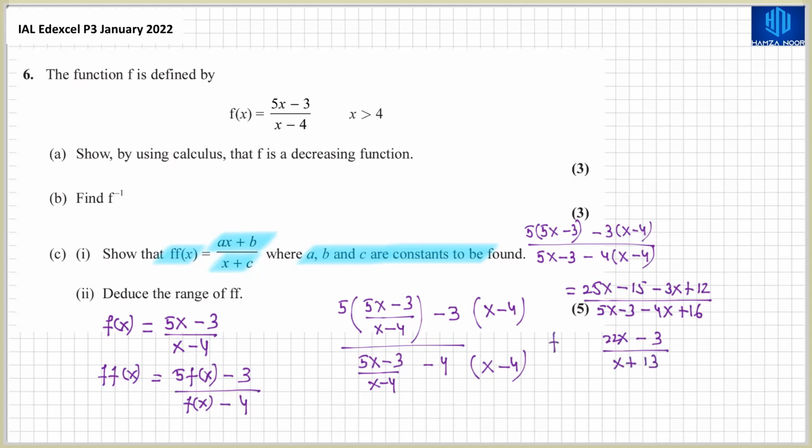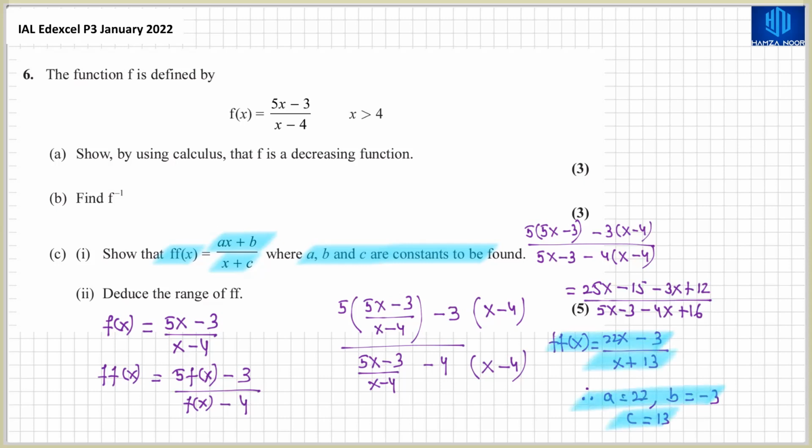This is f of f x, the composite function, f squared x, and it is in the form of ax plus b divided by x plus c. Therefore a is equal to 22, b is equal to minus 3, and c is equal to positive 13. So this is our answer to part C, part 1.